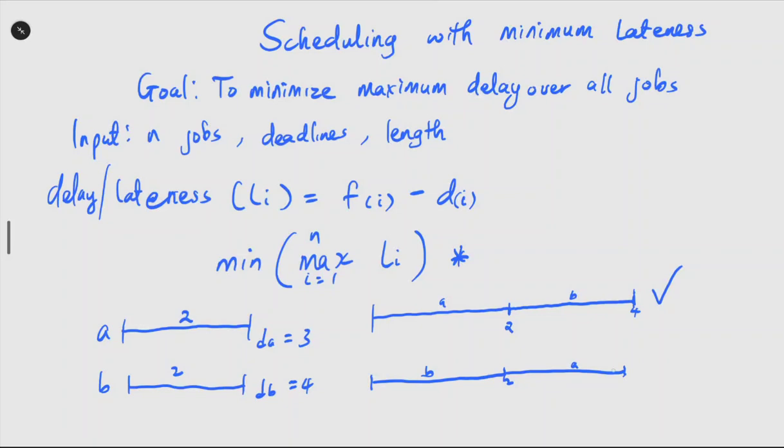But A has a length of 2, so an additional 2 to this first 2 would end A at 4. We see that this scheduling does not satisfy all deadlines. It satisfies the deadline for B, but does not satisfy the deadline for A because it ends at 4, while A has a deadline of 3.